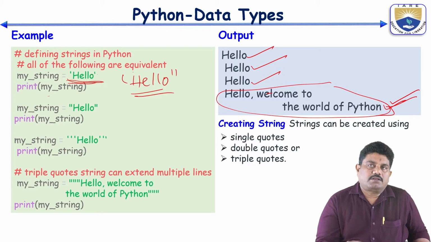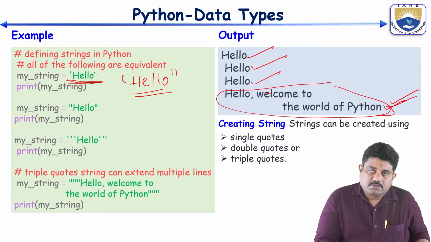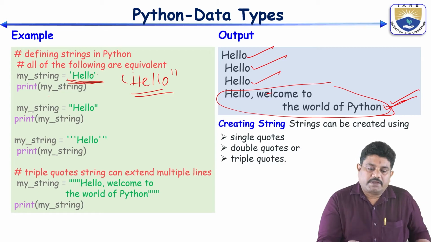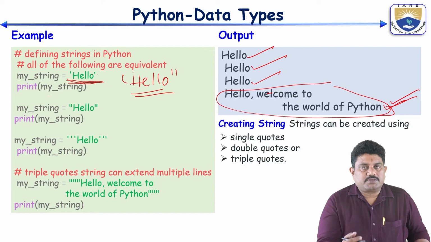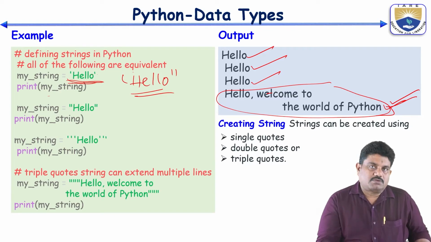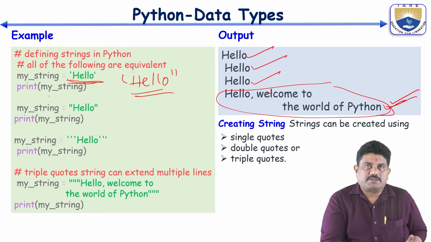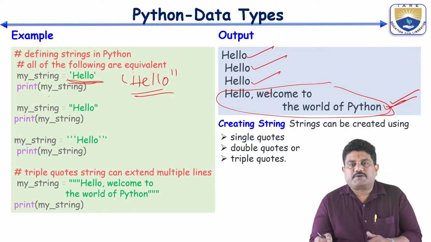So that's why, while declaring or initializing a string variable with any string, we can declare a string within single quotes or by using double quotes or by using triple quotes also. There is no difference. You can use anything. Why we are stressing that: in some languages there is a specific use for single quotes and a specific use for double quotes.